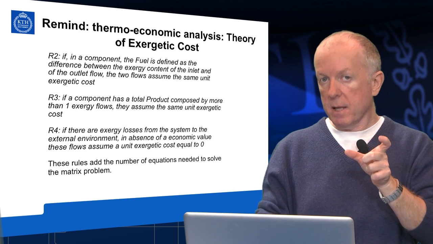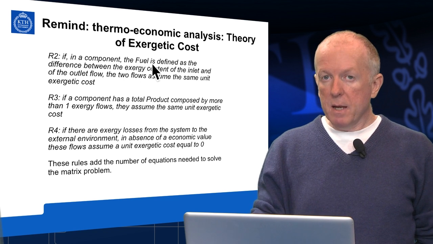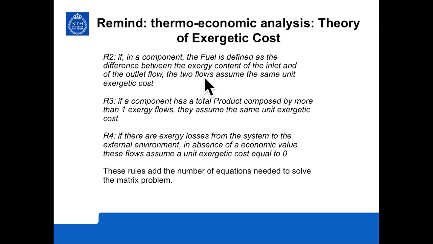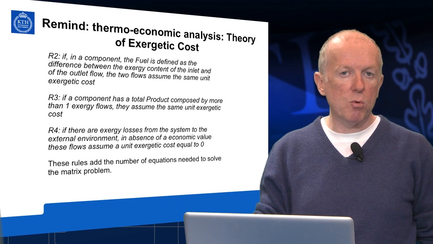So this difference is the fuel. If it is the case, the two flows, the inlet exergy of the hot fluid and the outlet exergy of the hot fluid, assume the same unit exergetic cost. So this adds a series of other equations to the system.